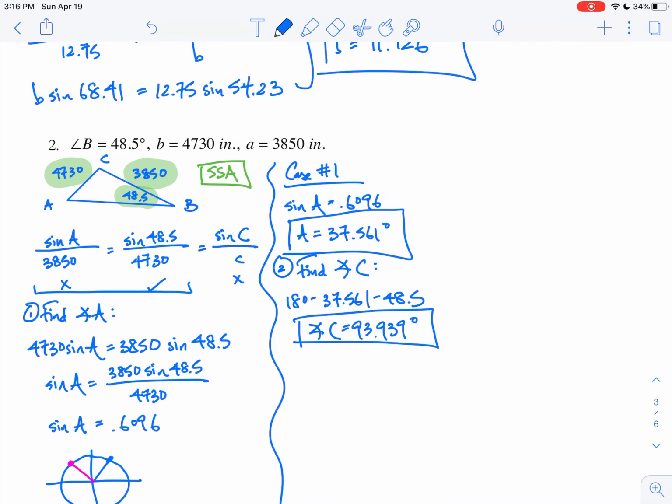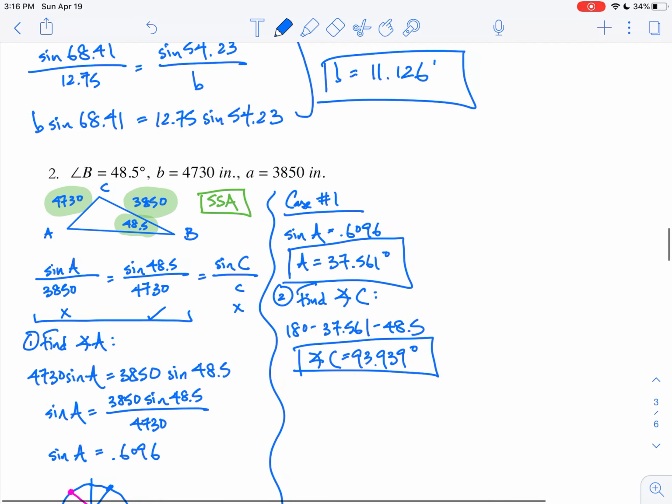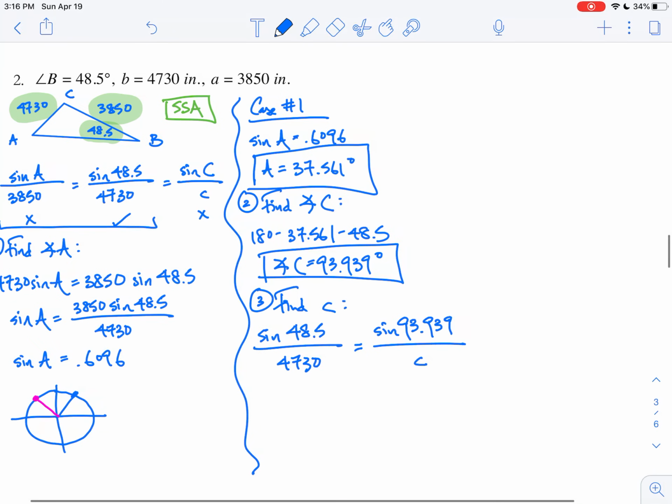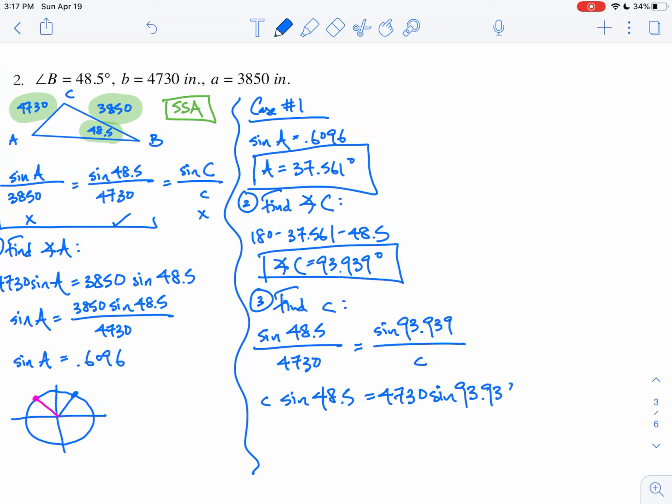The only thing I need to find now is little c. So to find little c, I'm going to do that using the information for B and setting it equal to the ratio for C. And I'm going to cross multiply. And I'm going to divide.